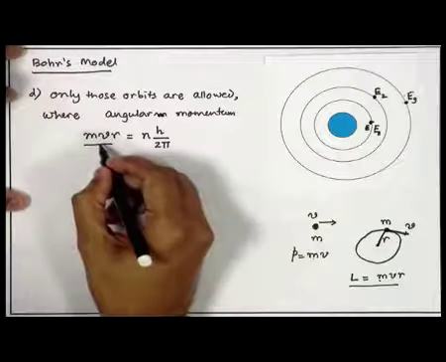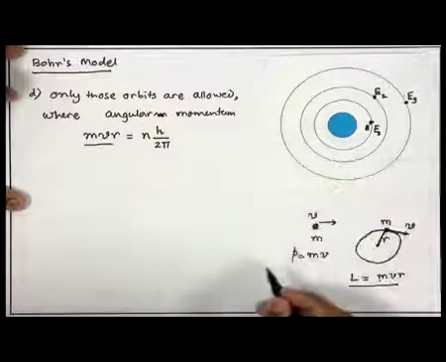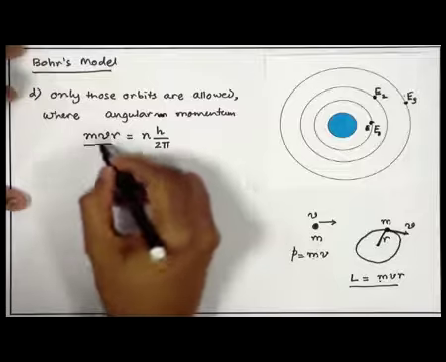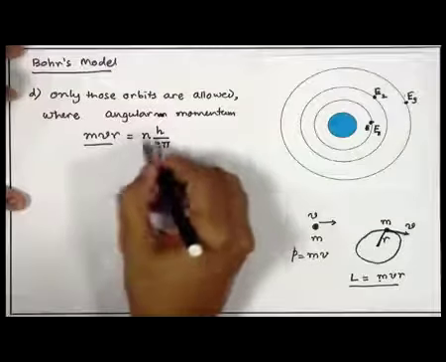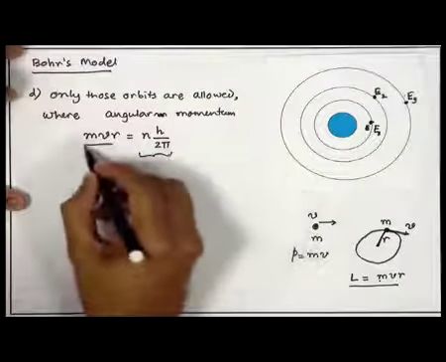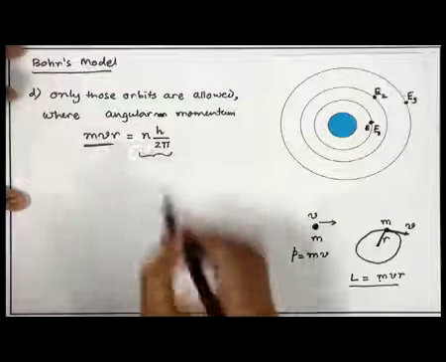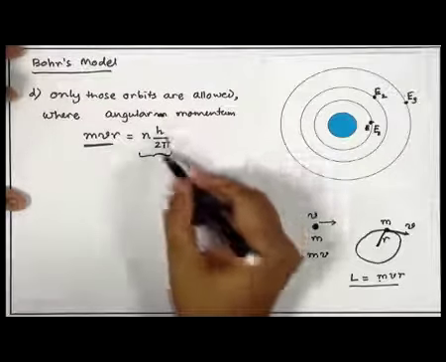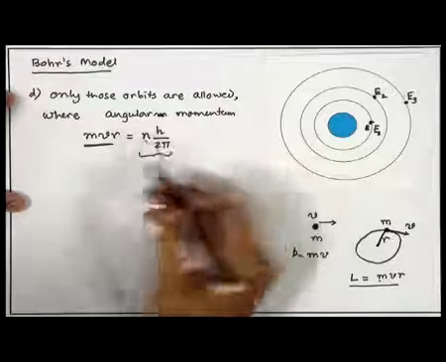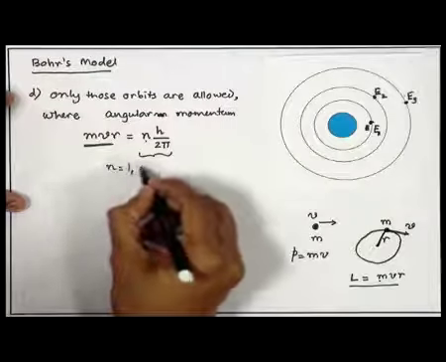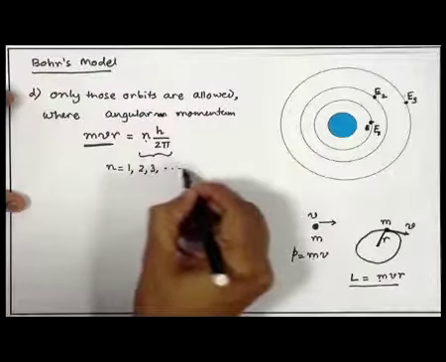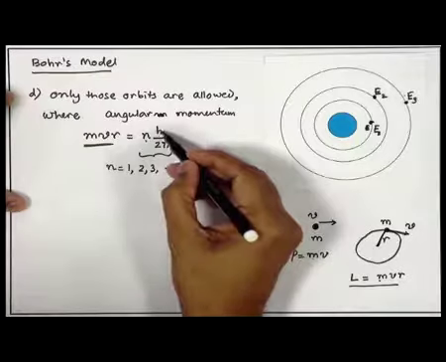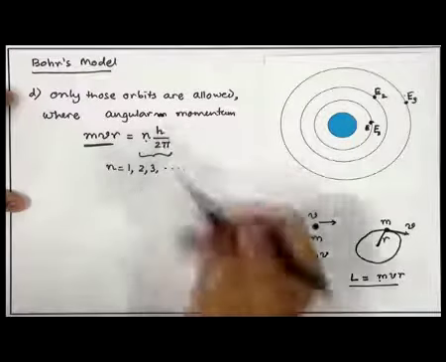Niels Bohr suggested that not all orbits are allowed, only those orbits are allowed which have a certain value. We will come to the right hand side now. So, mvr, which is the angular momentum, has a certain value. If you look at the right hand side terms, we have n. He suggested n can be 1, 2, 3 and so on, again numbers. h is the famous Planck constant, pi is a constant.